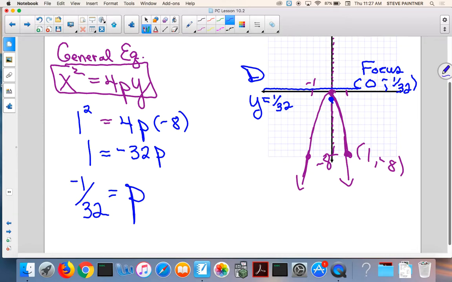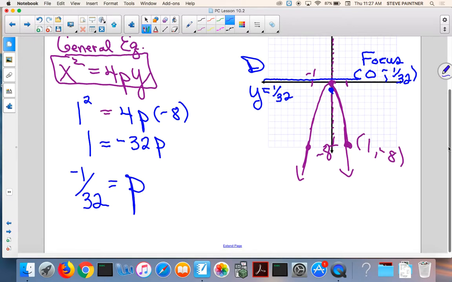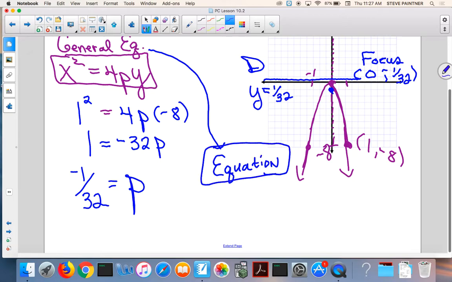What else do we need to do on this one? Now that I have the p-value, you've got to go from the general equation to the equation for this problem. Here's the general equation, x squared equals 4 times p times y.